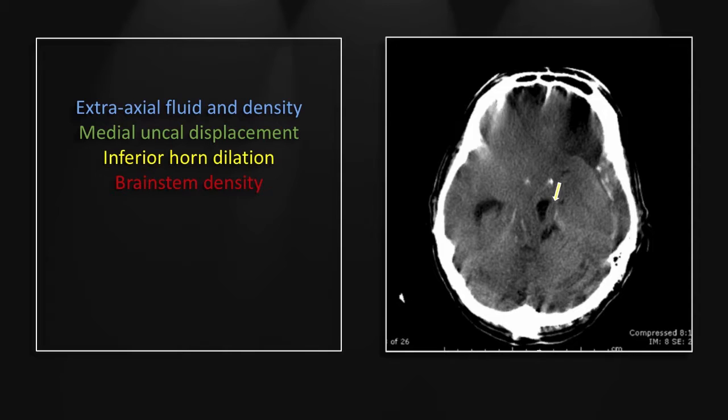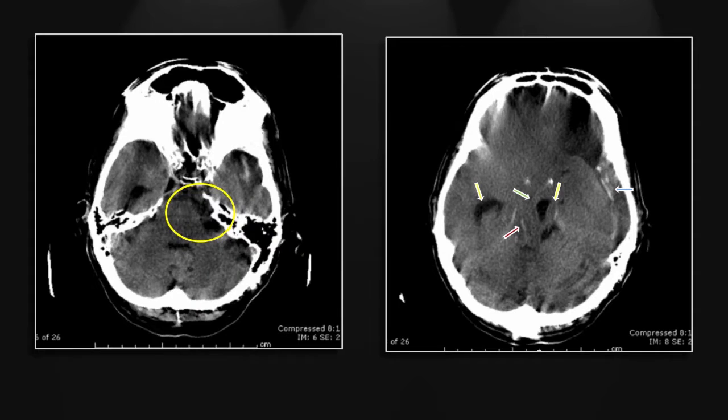The left inferior horn is dilated only at its tip and is pinched anatomically and is not contiguous with the remainder of the ventricle. That is known as a trapped horn and is related to the herniation of the uncus. Lastly, the brainstem demonstrates a marked central hyperdensity but is otherwise hypodense, deformed, and displaced.